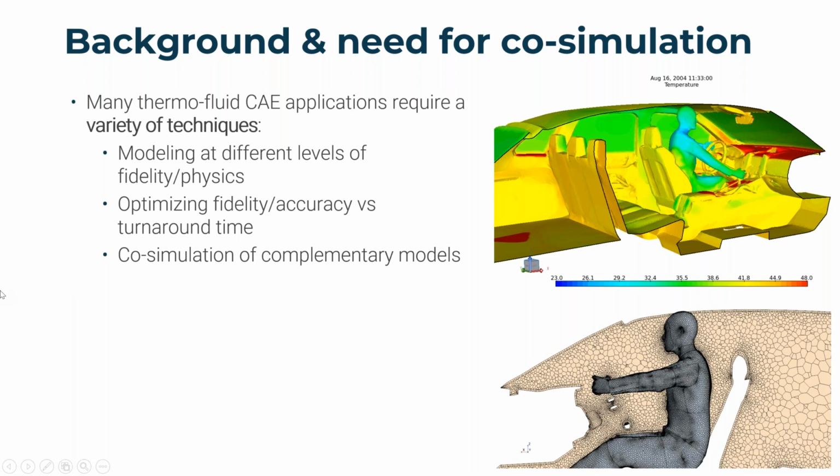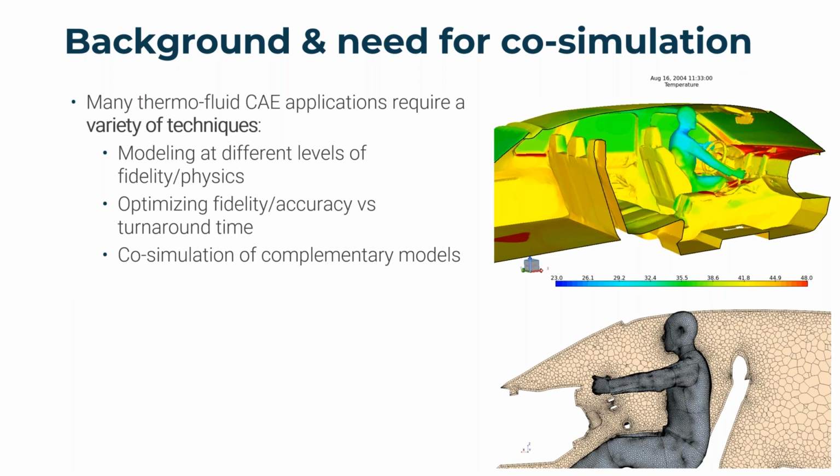Okay, so the context here is that anyone working in this area of CAE more generally, or specifically the sort of thermo and fluid CAE models we're going to be looking at, that often requires a variety of different modeling and process techniques, especially if you're working on these problems in the context of a long product design cycle.